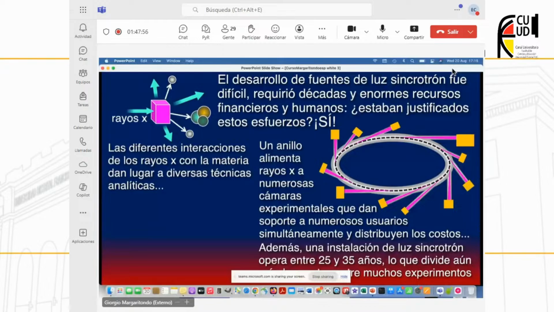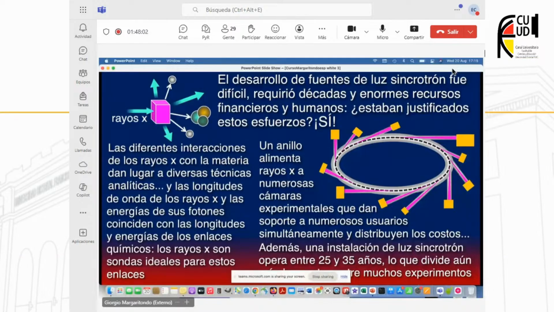We shall elaborate on this in a moment, but let me just mention the bottom argument of why this is so: the wavelengths and the photon energies of X-rays are commensurate with parameters of chemical bonds.